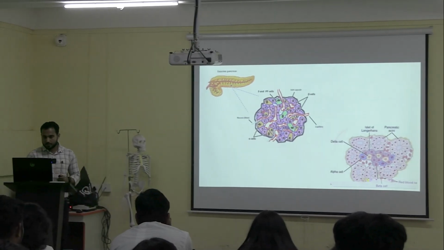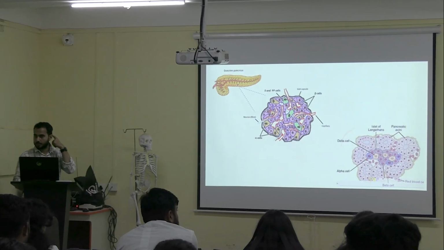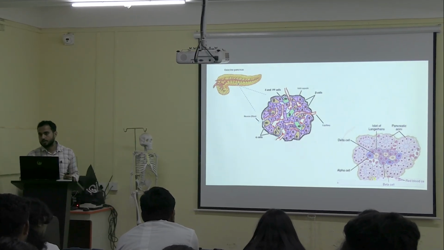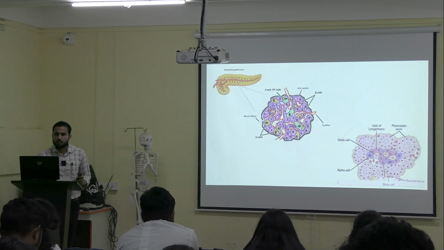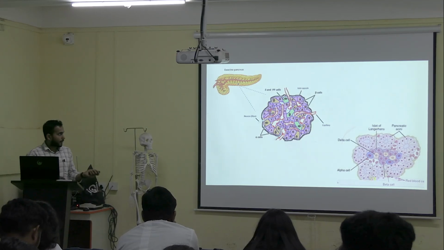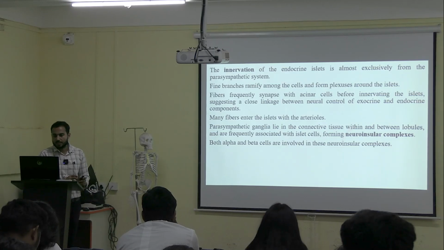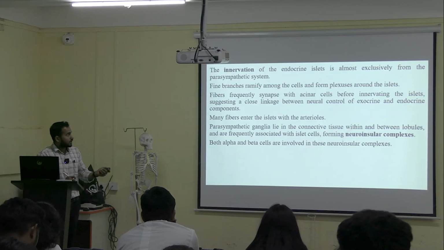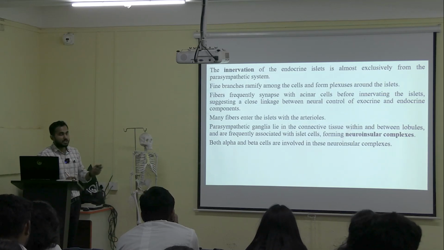Another important part which you have to know is the neuroinsular complex. Now, what is this neuroinsular complex? For that you have to understand the innervation of the pancreatic islets. The endocrine islets are mostly innervated by the parasympathetic system.